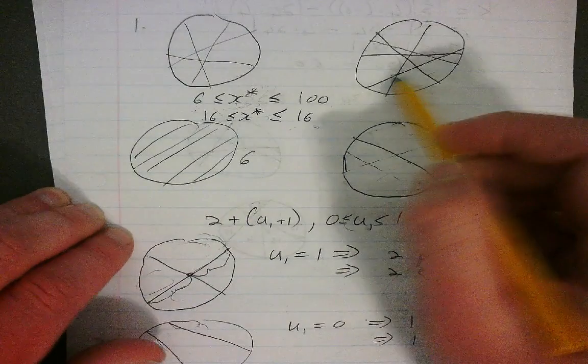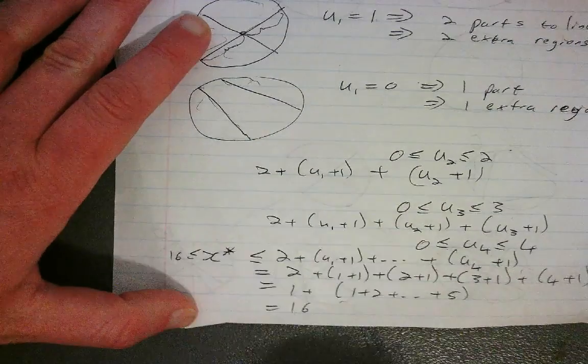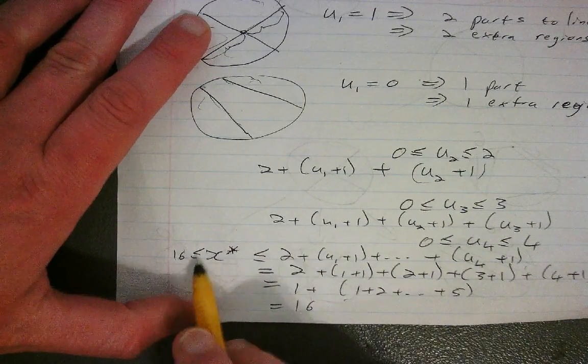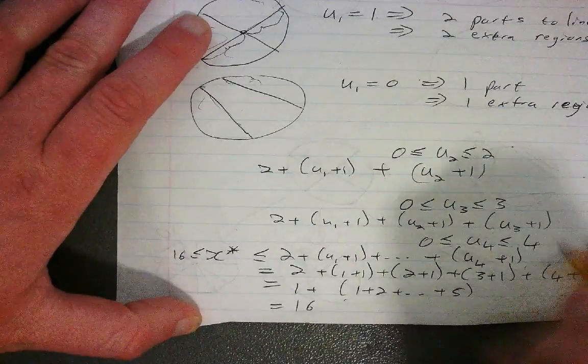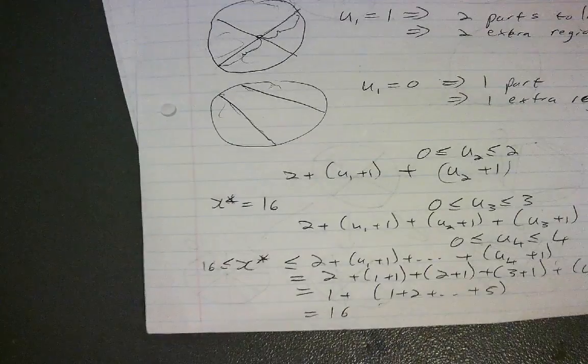And we saw that it is indeed possible for that to happen in this case. So we've got that X star is greater or equal to 16, and this over here implies that X star is equal to 16.